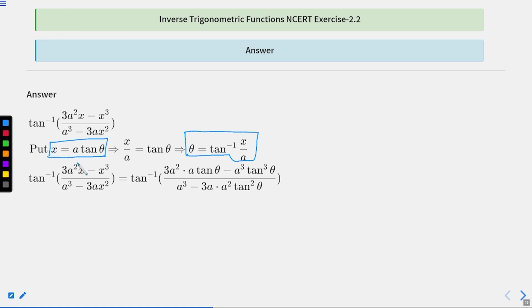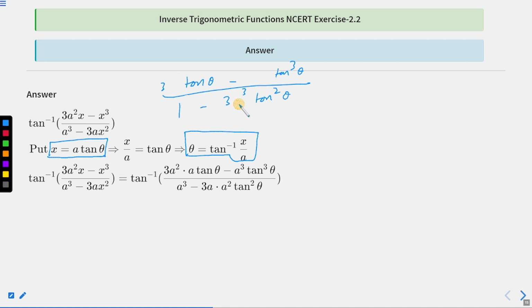What this does is, putting x equals a tan theta, what will you get? 3a square x, and x is a tan theta, this will be a cube. So x is a tan theta minus a tan theta cube over a cube minus 3a tan square theta. So this means we can easily eliminate a.